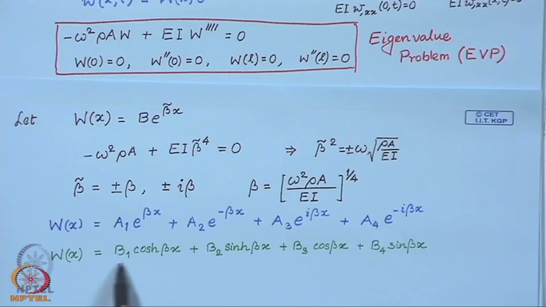Here again b1, b2, b3, b4 are now real constants.